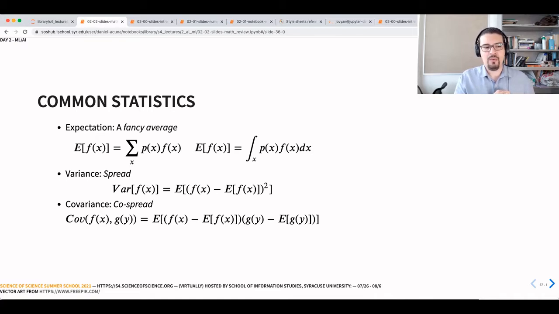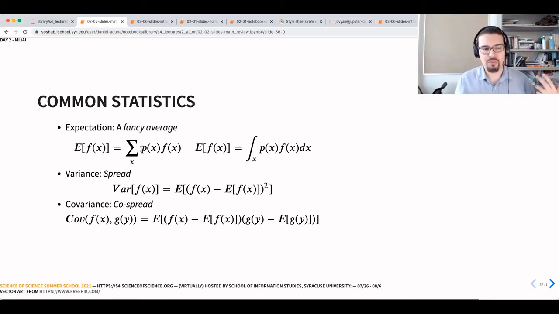Now, the simplest way of thinking about expectations, to me, is as a fancy average. If you take the average of several numbers, you add them all up and divide by the number of elements that you have. Well, in statistics, you can have elements with different probabilities. So you still can have the same lists, but you can attach different probabilities to them.